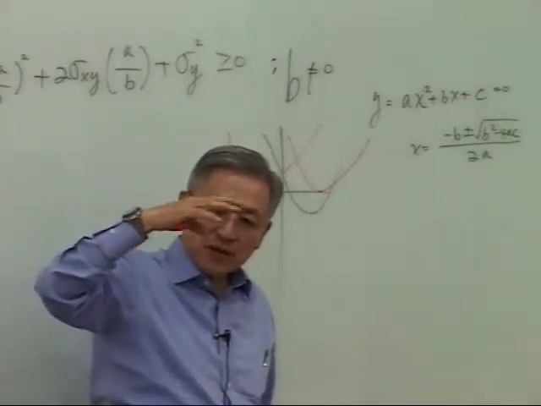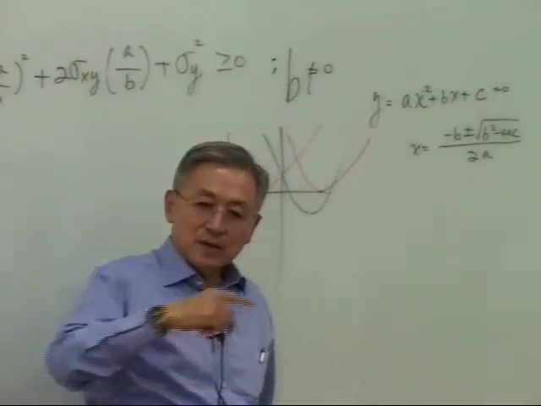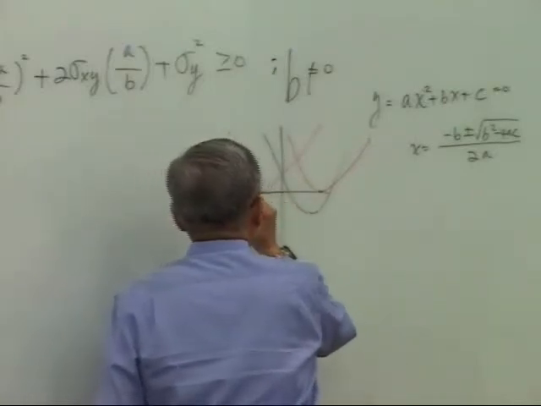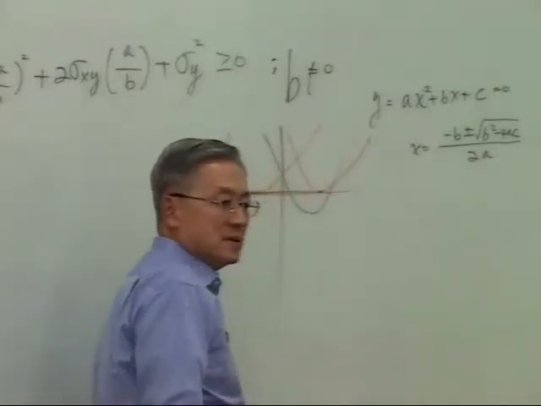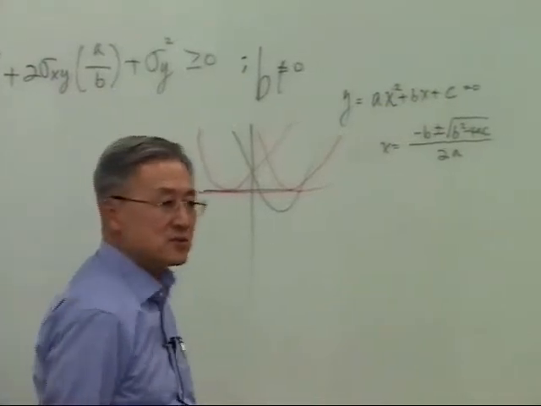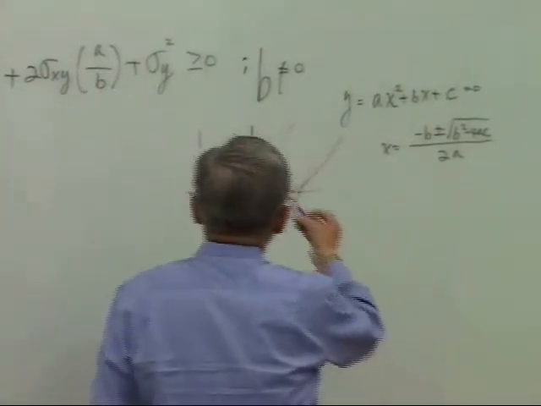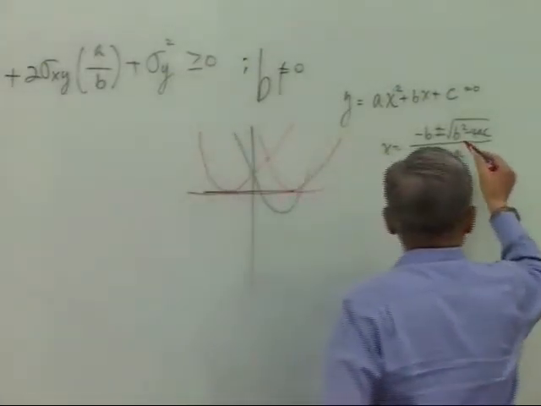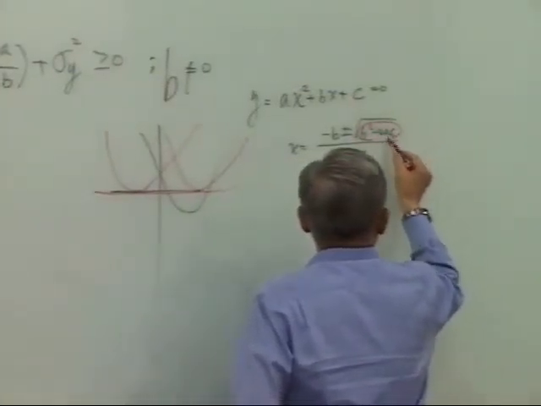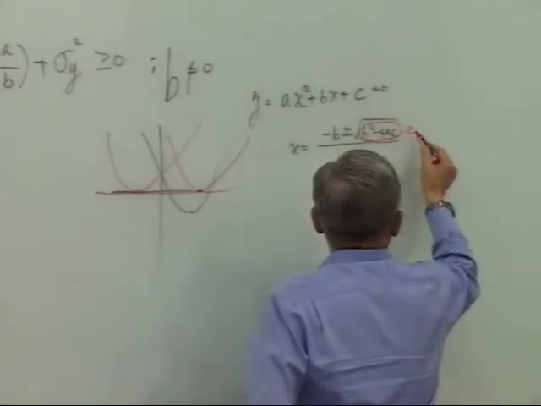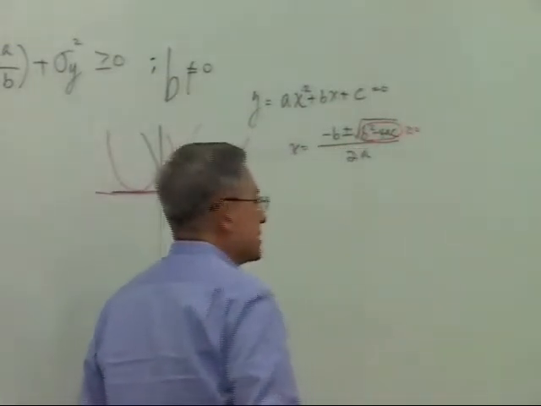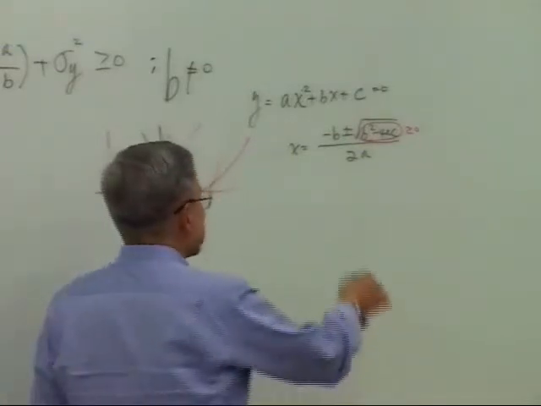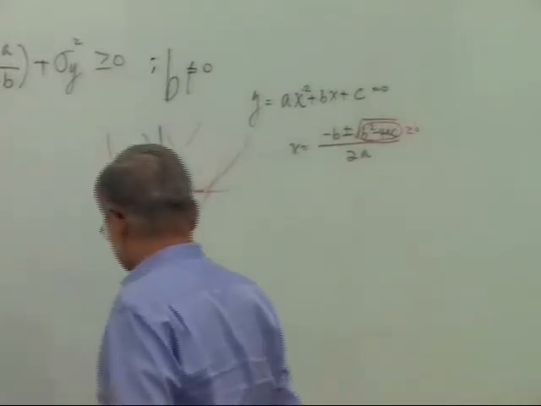The quadratic function has to be above the y equal to 0 axis. It has to be above this. So we have to do this. The requirement has to be equal or greater. Equal means it just touches there, right? Because this is the root.